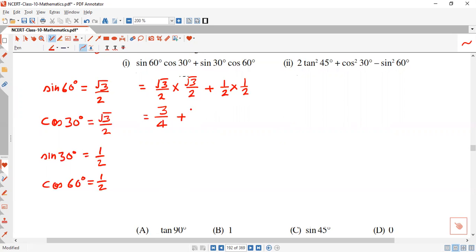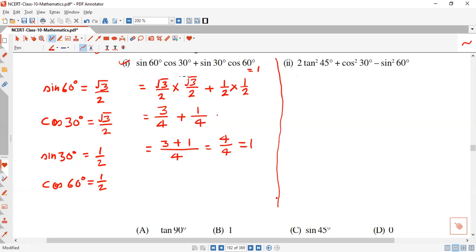Plus 1 into 1, 1, and 2 into 2, 4. Taking 4 as LCM, you are getting 3 plus 1 upon 4. It comes out 4 upon 4, and you can say 1. So the value of this question is 1.